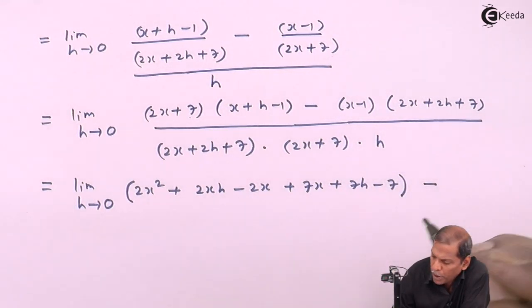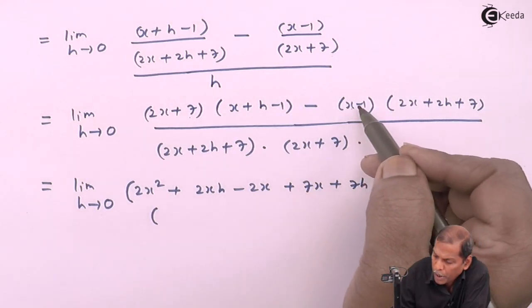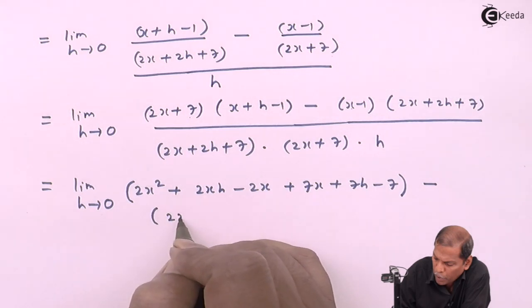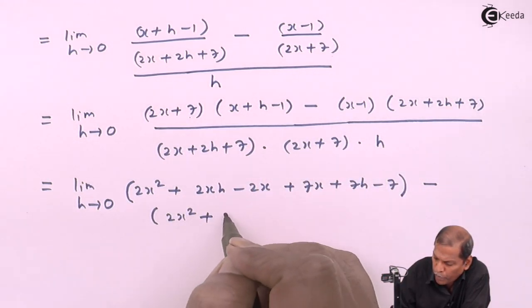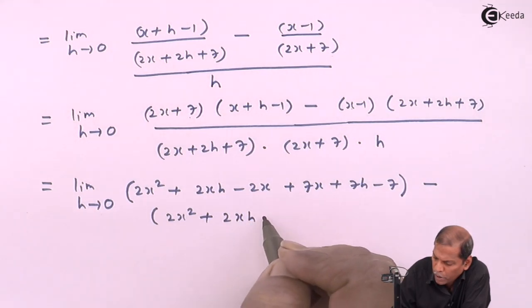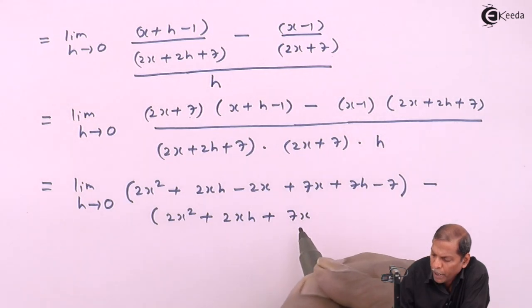Then minus, in the second bracket, x into 2x gives 2x², x into 2h gives plus 2xh, x into 7 gives 7x.